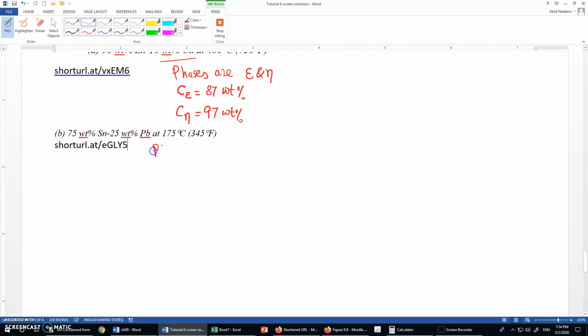So the phases are alpha and beta. What is the composition of alpha, and what is the composition of beta? We can see it from the tie line.